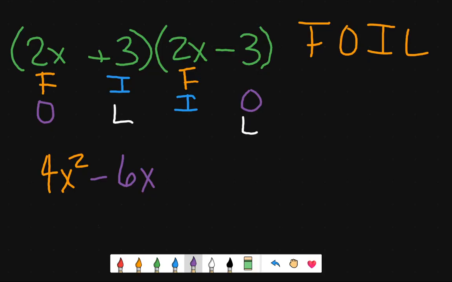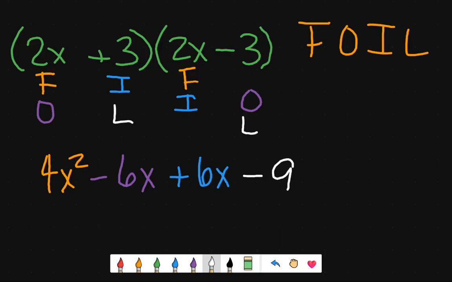And then we have our inner terms. What are our inner terms? We've got 3x and 2x there. So that's a positive 6x. And what are our last terms? Our last terms are the positive 3 and the negative 3, and we have to multiply those two together. We're going to get a negative 9.